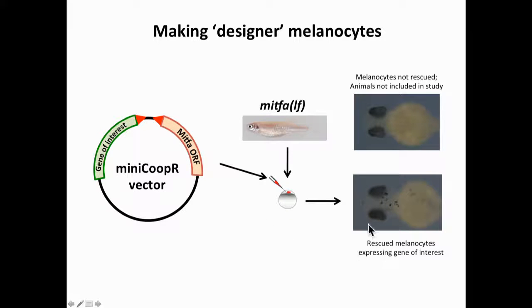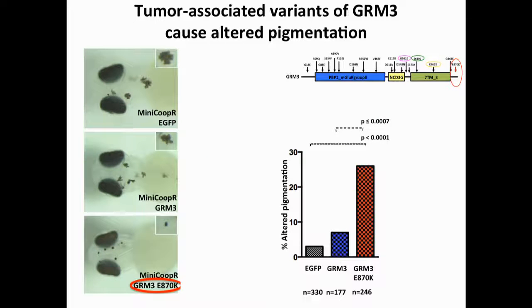So we are able to get embryos that can then be raised that are chimeric, and all of these rescued melanocytes have our gene of interest. Using this Mini Cooper assay, we use EGFP as a control of our experiment. When we inject EGFP, we are able to obtain melanocytes with the pigmentation that we expect, with a dendritic shape.